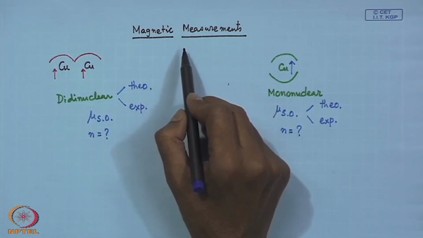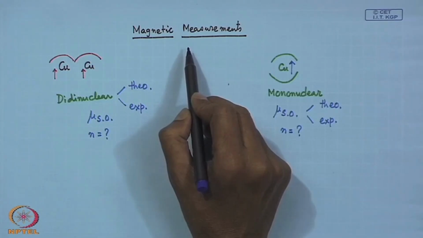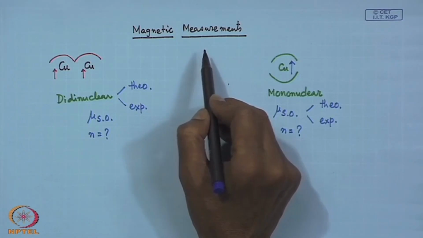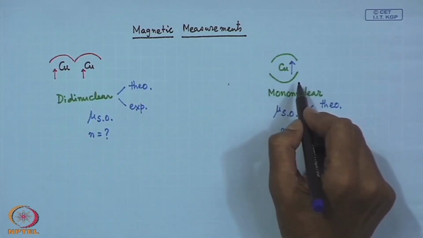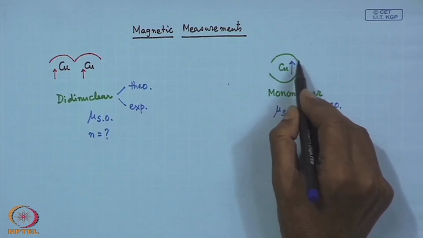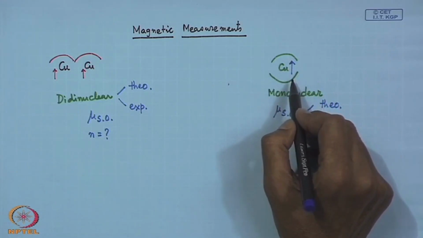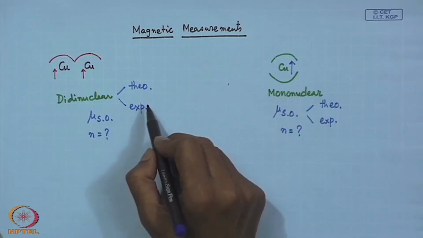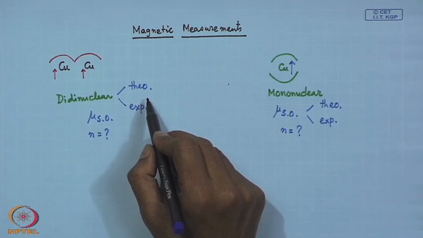Then we will see the different physical techniques we can use to measure these magnetic moments, starting from the simple mononuclear or dinuclear or tetranuclear complexes of any coordination compound containing the transition metal ions or the lanthanides or the actinides, and we can compare these values with the values we get from the theoretical calculations.